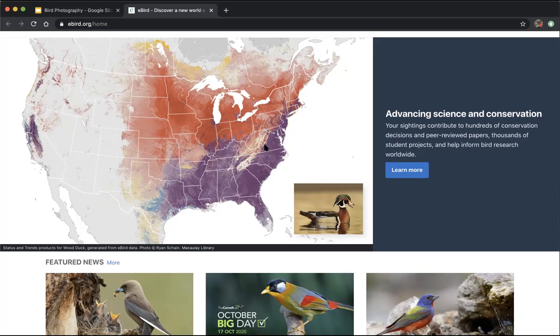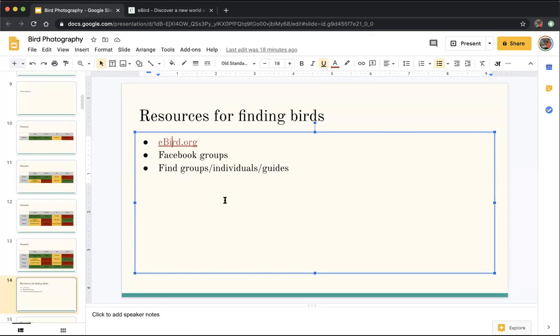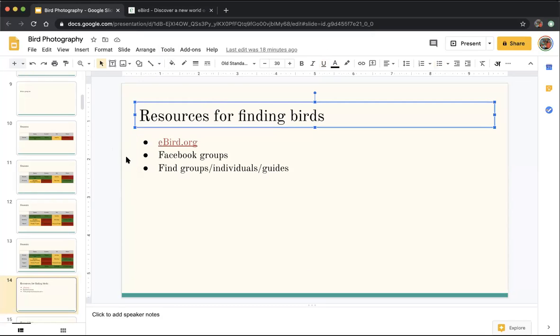So this is a great resource, as part of citizen science, and also as a resource for birders to go look for things. I highly recommend folks using it and even contributing to it. If you submit your bird lists, that is just great.